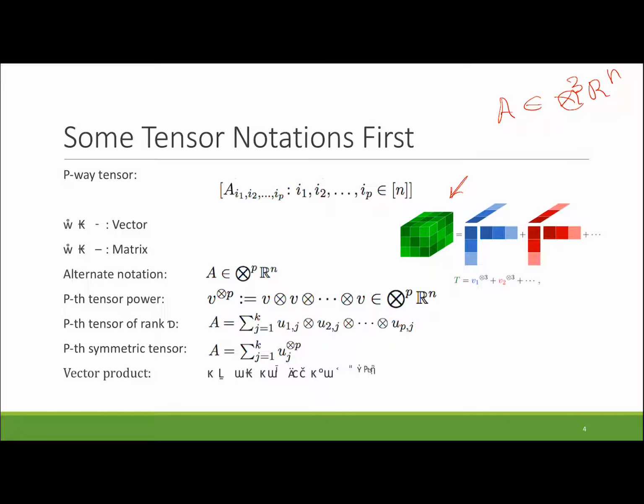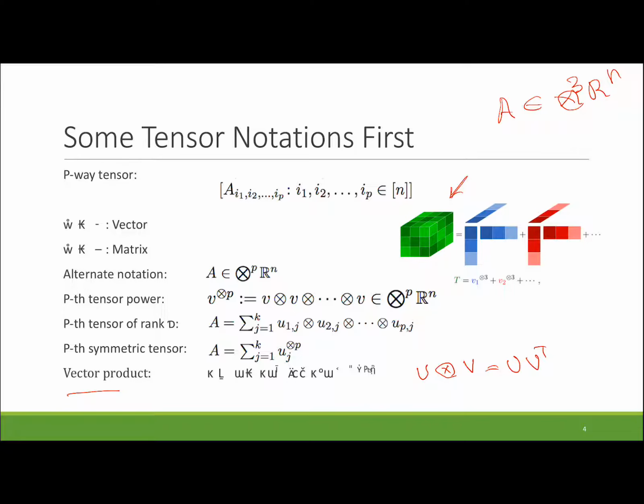For vectors, this just, whoa, I don't know what happened to that equation, but this is what the equation is showing. The vector product of u and v is u v transpose, right? So this vector product is going to give you a matrix.